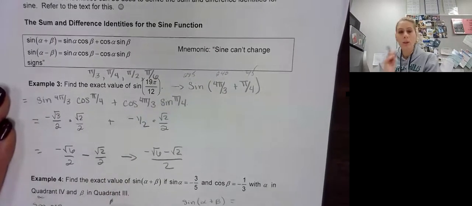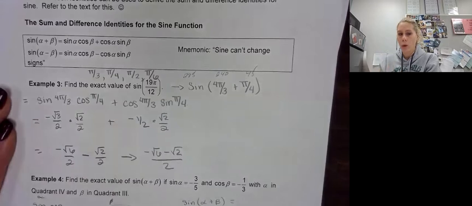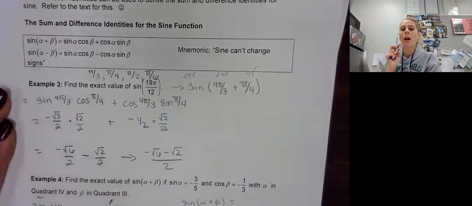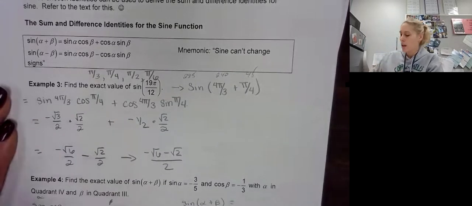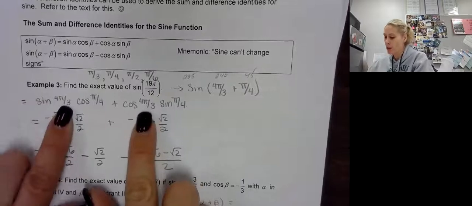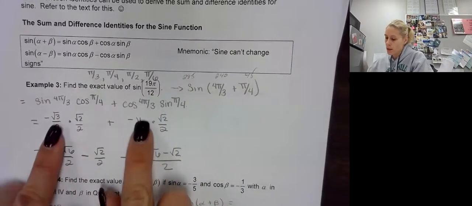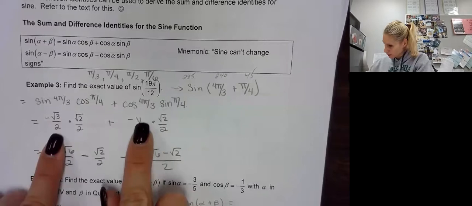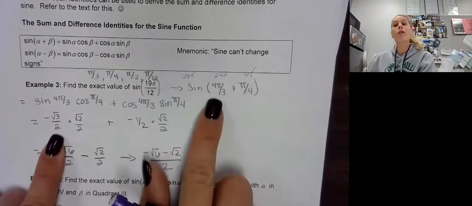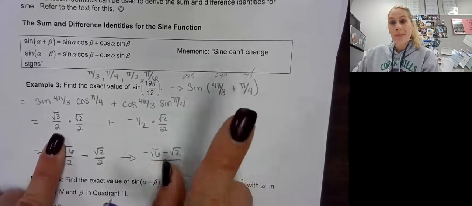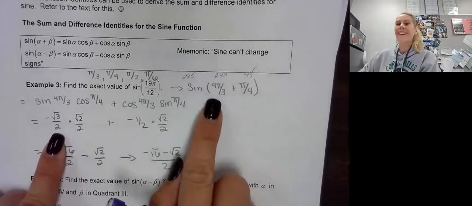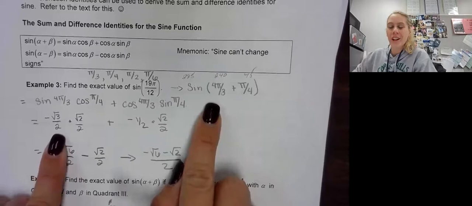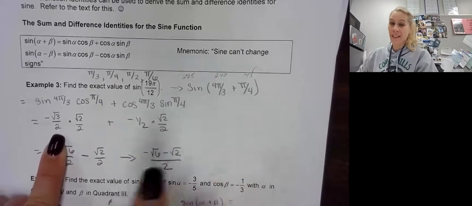Use our unit circle. Now remember, 4 pi over 3, am I correct here? Yes, 4 pi over 3 is in the 3rd quadrant, and in the 3rd quadrant, both of our sine and cosines are negative, so be careful.